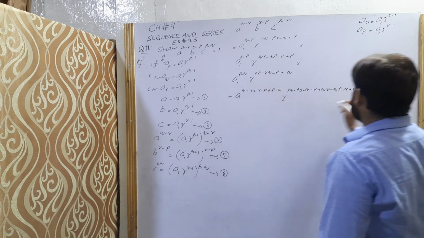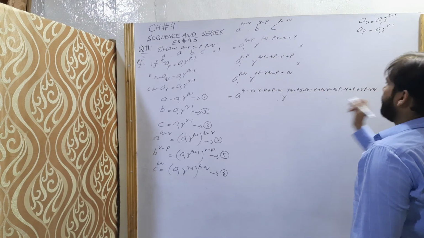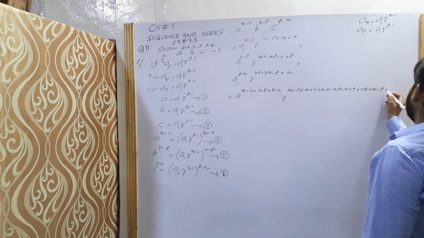So there is plus rp minus rq minus p and plus q.